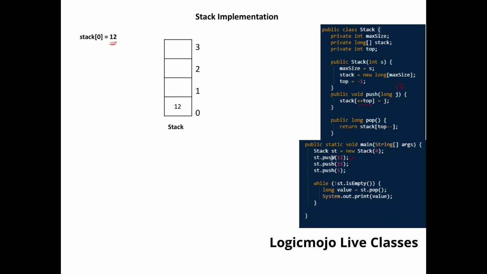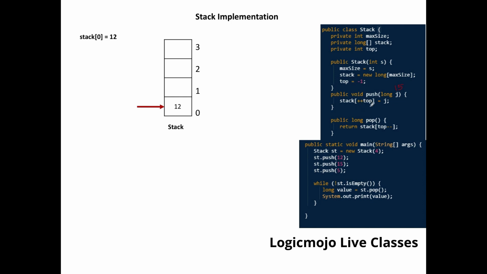So this is my push operation, where we first increment the value of top and correspondingly insert the value 12 here. Now next time we again call st.push and pass the value 15. We have to keep track of the top of the stack always. Currently the value of top is 0, so it's pointing to index 0 in this array.